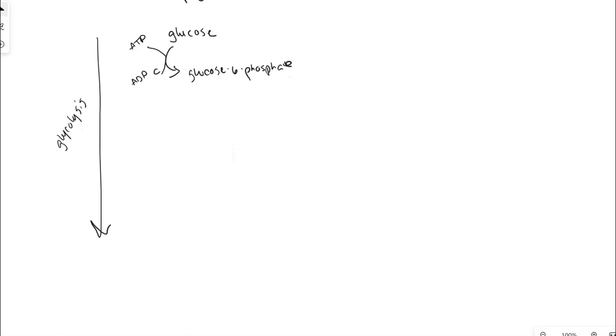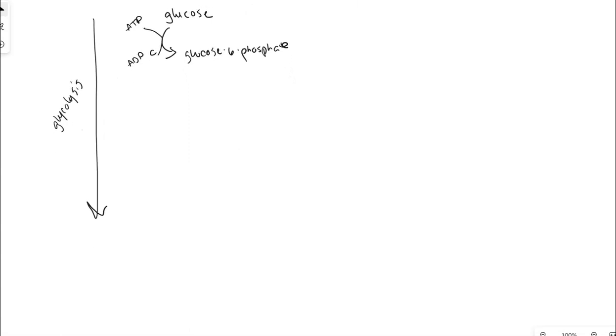And this reversibly becomes converted to fructose 6-phosphate, and can you remember why? Why does glucose go to fructose?